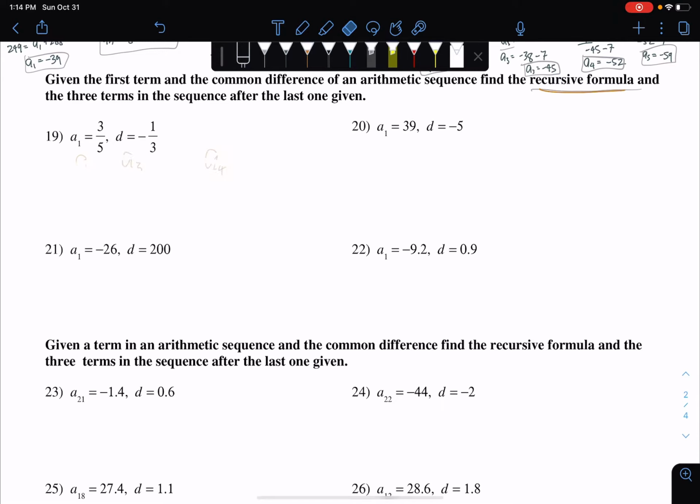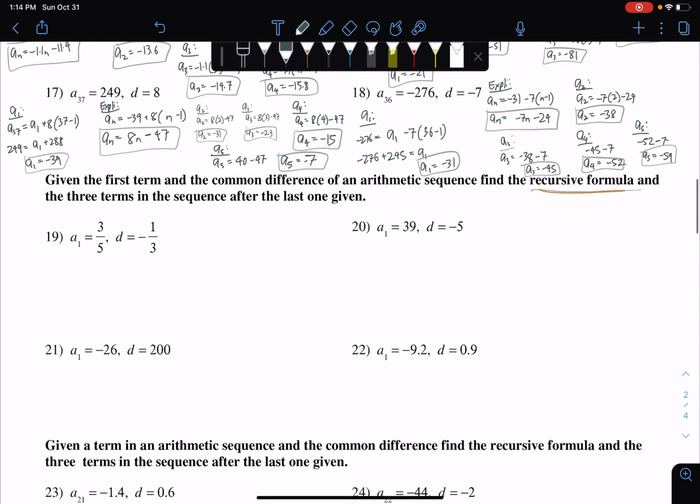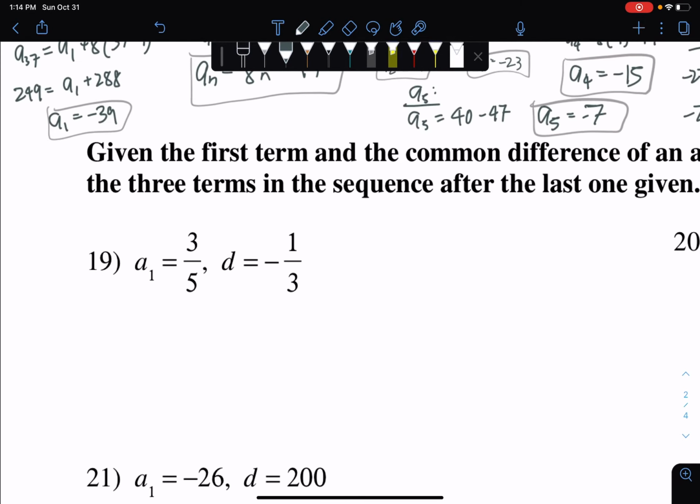Alright, so let's start with finding the recursive formula. We'll abbreviate it as maybe recurse. There we go.